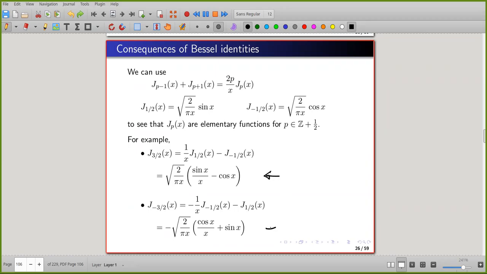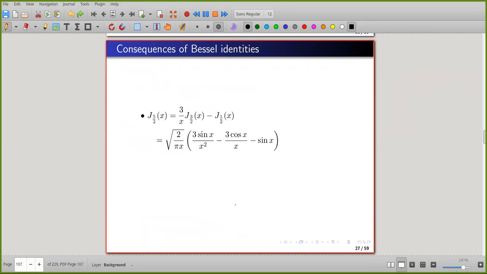Similarly, J_{-3/2} is this thing over here. This is also an elementary function, because we can cook up this function from trigonometric functions and from polynomials and powers of polynomials and things like that. I'm sure that by an easy induction argument, you can convince yourself that if p belongs to Z plus half, then J_p(x) is an elementary function.